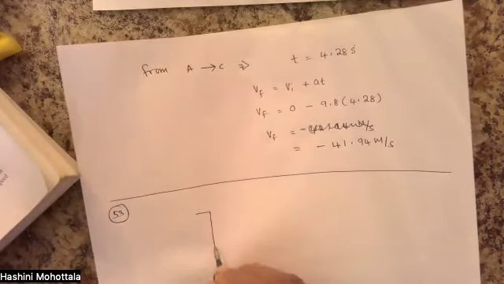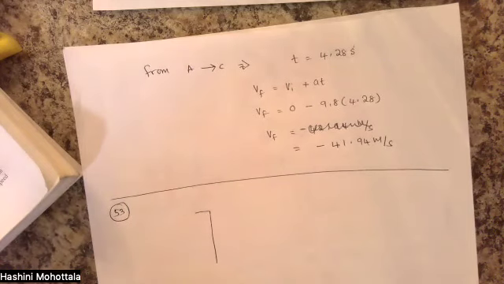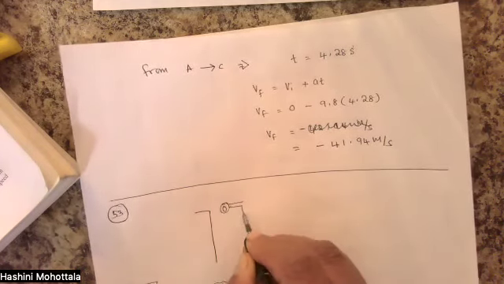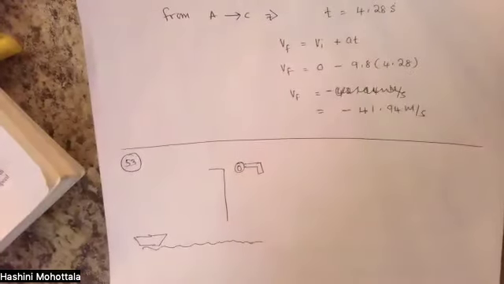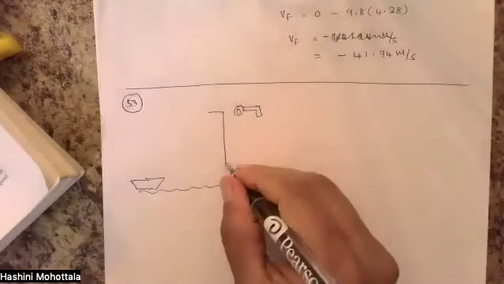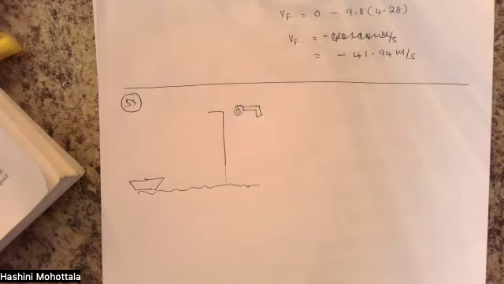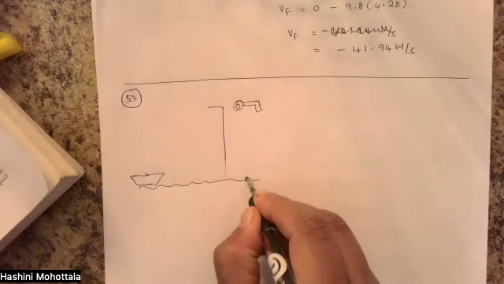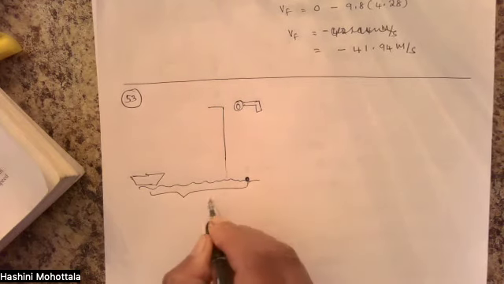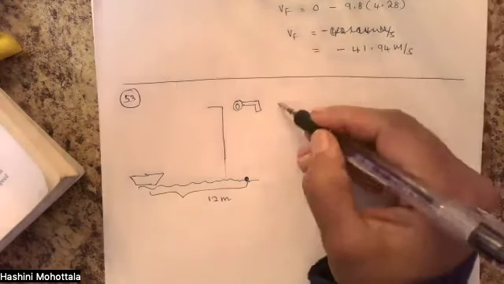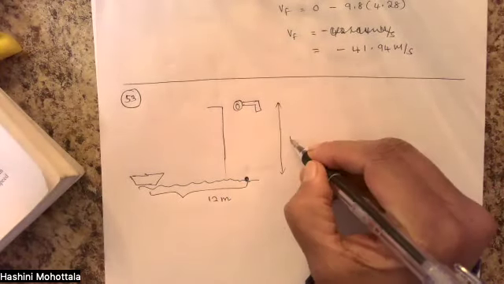This is the bridge and this is the boat. And here goes the key. This is how it looks at the beginning. The boat is 12 meters from the point of impact. So this is the point of impact. The boat is 12 meters from the point of impact. And then the key falls 45 meters down.